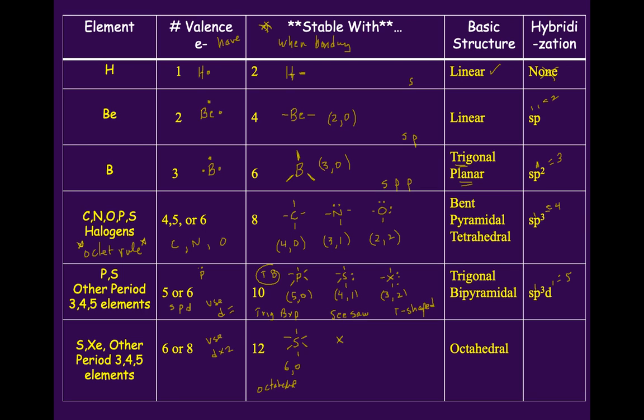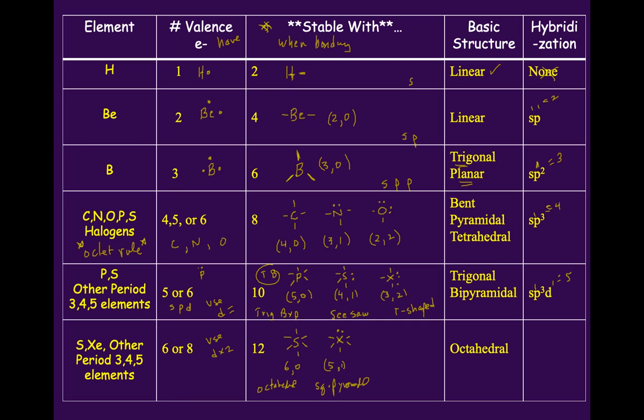You can have elements that have a lone pair and 5 bonds. So you can have a 5, 1, which would be called square pyramidal.